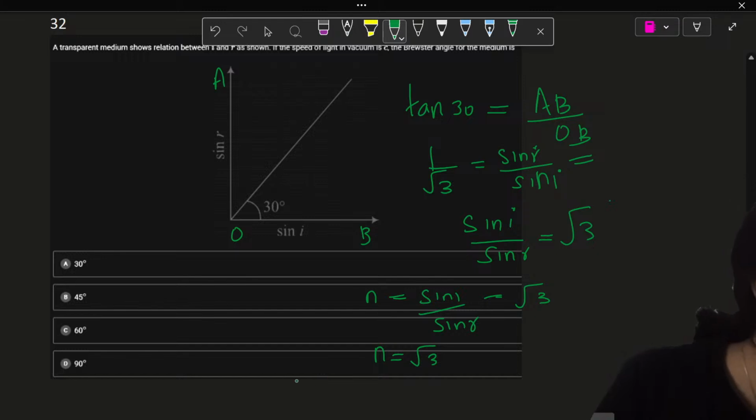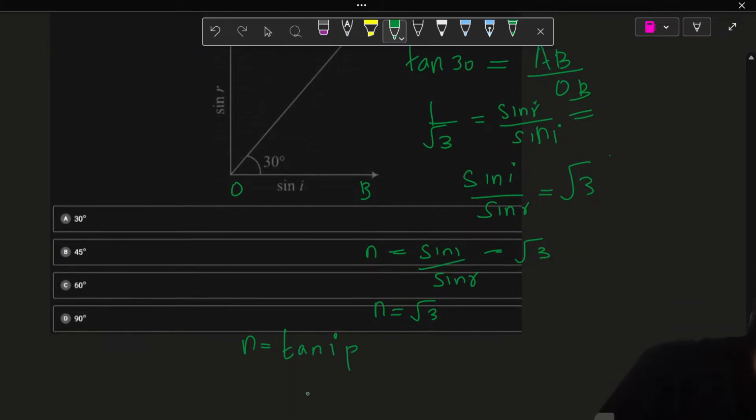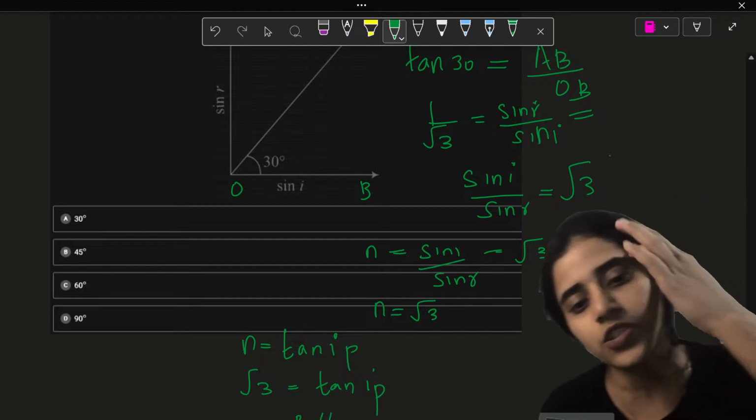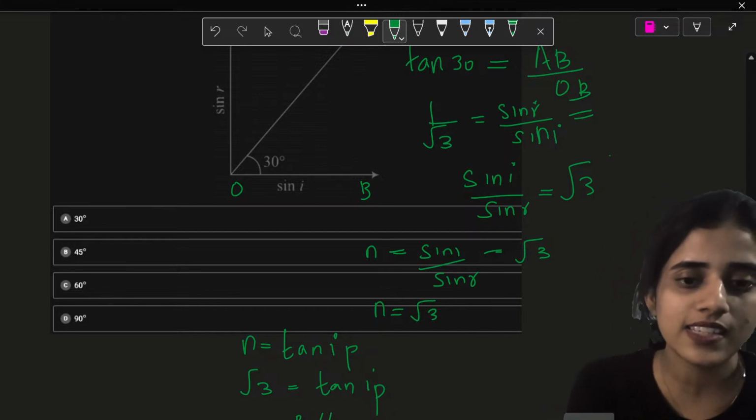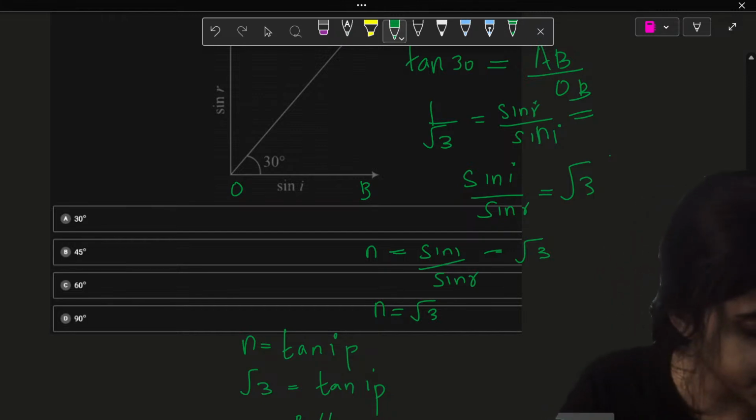So n is equal to square root 3. Now, Brewster's angle. N is equal to tan IP. So square root 3 is equal to tan IP. So tan inverse of square root 3 is how much? 60 degree. Right. Tan inverse of root 3 is 60. Tan 60 will give you root 3.